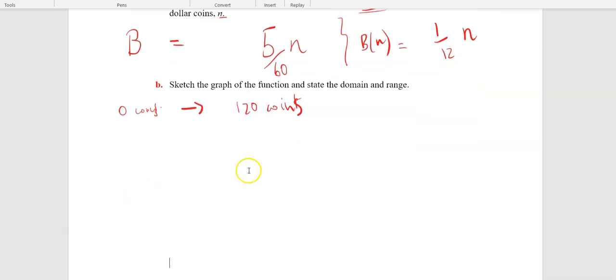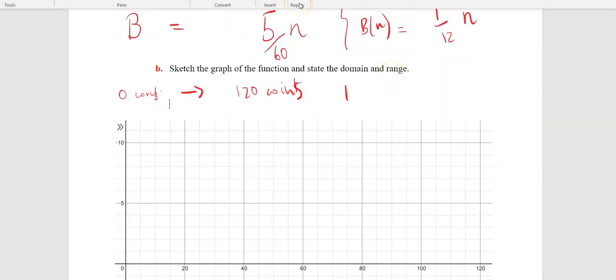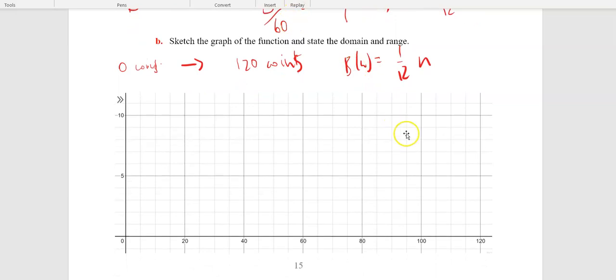So we're going to draw a graph. I'm going to get a Cartesian plane up, and we're trying to sketch B(N) equals 1/12 of N. We need to label this axis as N, and this is our B(N) axis. At N equals 0, we get 0, because if you don't put any coins in there, it won't run.